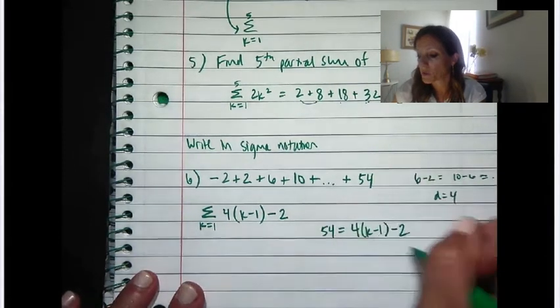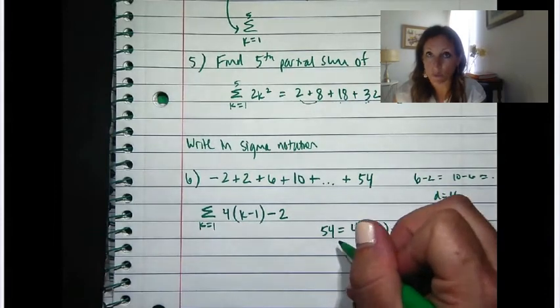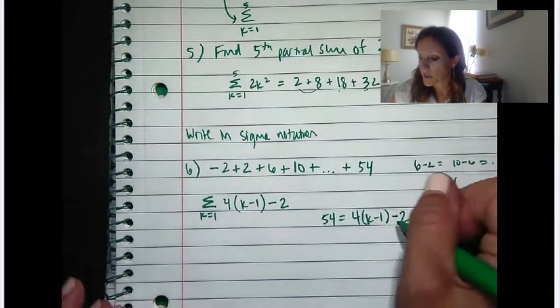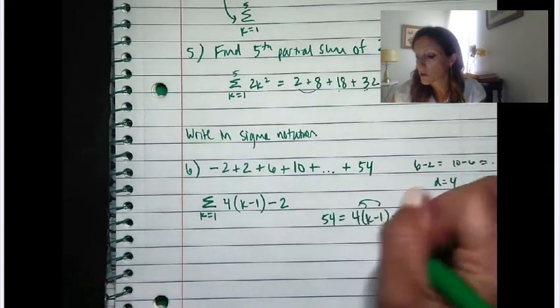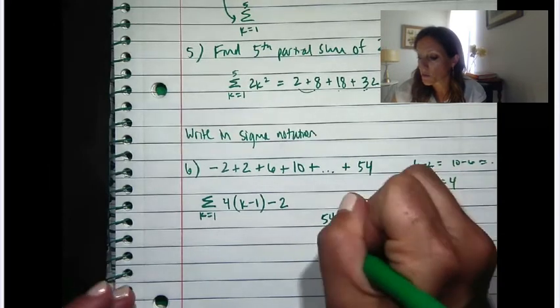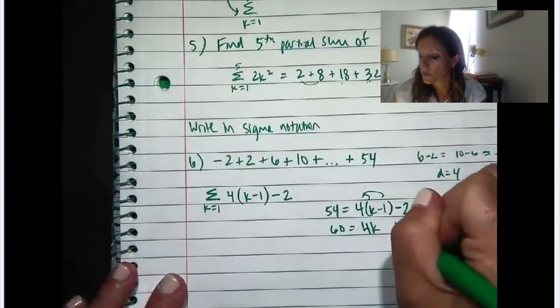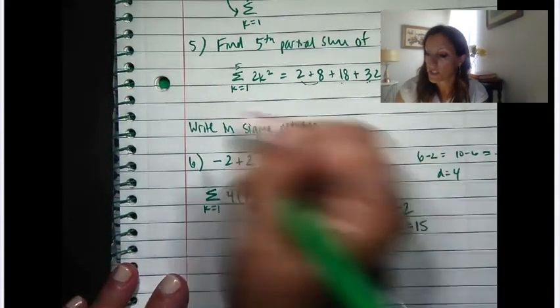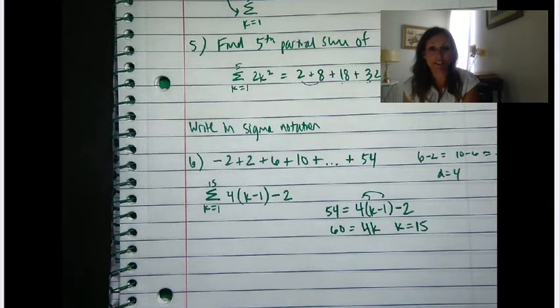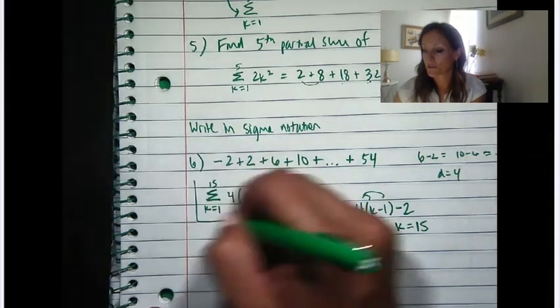I want to know, when will I get an output of 54? Okay, I know you guys can do this basic solving: distribute your 4, combine like terms, move everything to one side. You end up getting 4k equals 60, which tells us k equals 15. And so I'm going to stop when I plug in 15. You can double check by actually plugging in 15 to see that you do get 54.